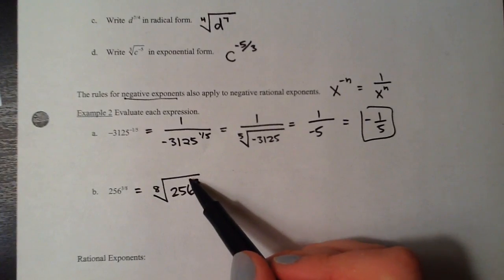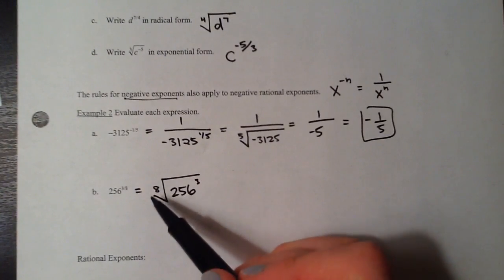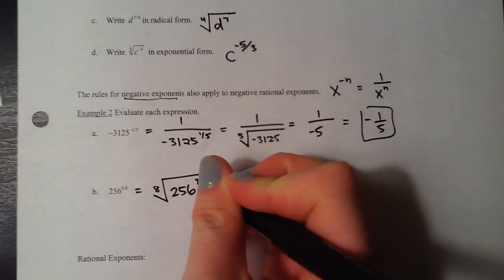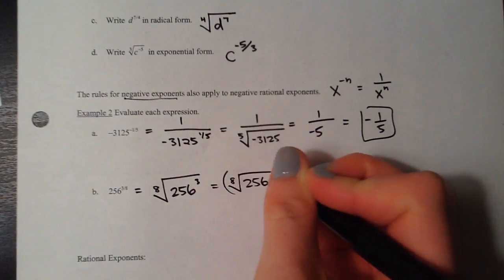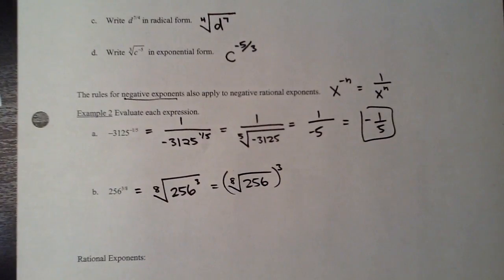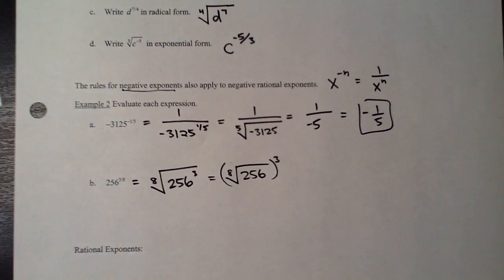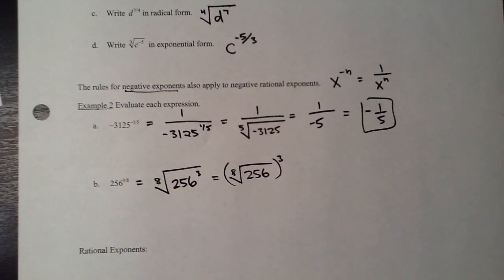Rather than using the 3rd power first, then taking the 8th root, we can actually take the 8th root first and then raise it to the 3rd power. This is one of those weird things that it actually doesn't matter what order you go in, you'll still get the same answer. So if we look inside the parentheses, the 8th root of 256, something that multiplies by itself 8 times.